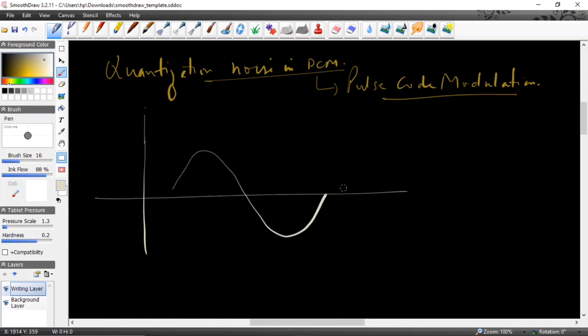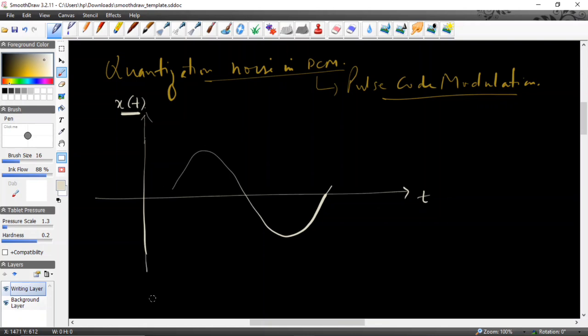Okay, this is x of t. In the analog signal, the amplitude of the signal can take any value. In fact, it has infinite number of values. But when you make the signal a digital signal, we have a finite number of amplitudes.